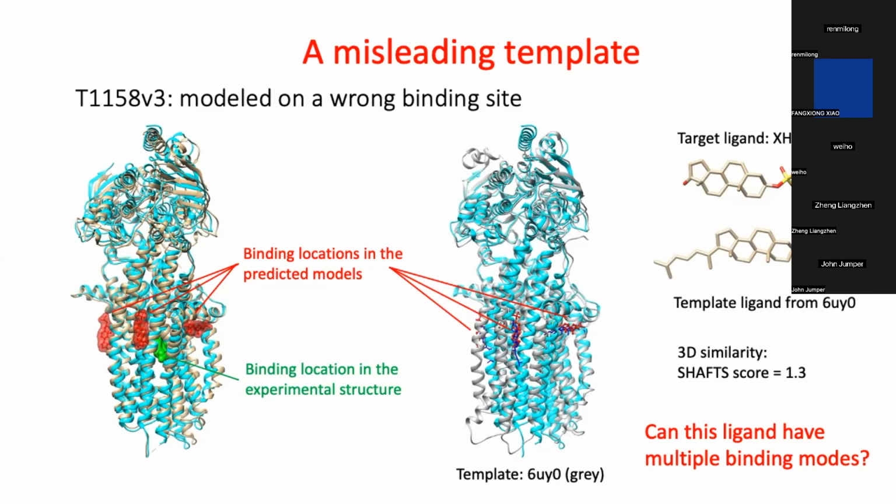Is it possible for this ligand to have multiple binding modes? Because we checked these three binding sites. There are several positively charged residues there, so these three binding modes could be possible. This is a question maybe we can discuss after the talk.